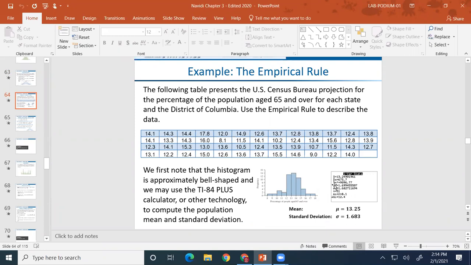So we got 51 pieces of data, and all these are stem and leaf, because that was pretty good information to use with stem and leaf, because the lowest is 8 and the largest is 17, I believe, or 18. So you only have a handful of stems, and then it was real good for doing that stem and leaf.